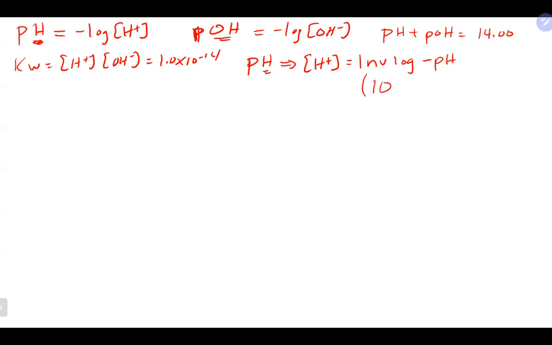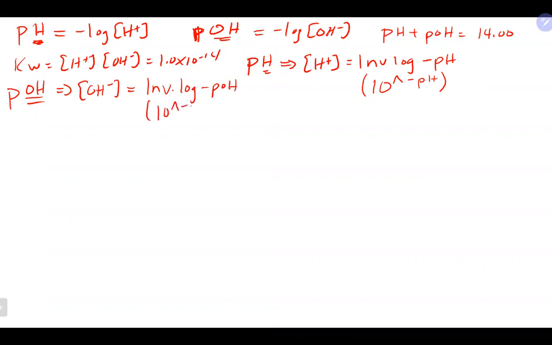On most calculators, when you do that, it will pop up a 10 and a caret. Then you want to make sure you have the negative pH there. If you have the pOH value, you can get the OH minus concentration from it. It's the exact same calculation, the inverse log of the negative pOH. Once again, on most calculators it will punch up the 10 and the caret. So these are ways that you can get to the concentrations from the pH values.